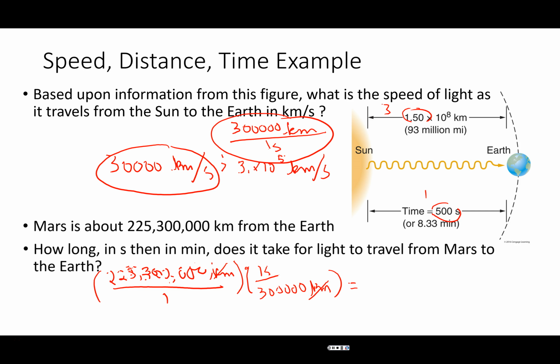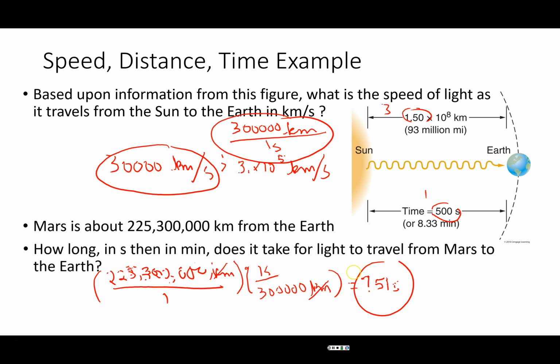I'm going to go back up to the original problem because I can't read that. Wow. I got 751. Is that what you guys got? Okay, cool. And what would the units be? I'm liking it. Now there was a follow-up, 751 seconds.